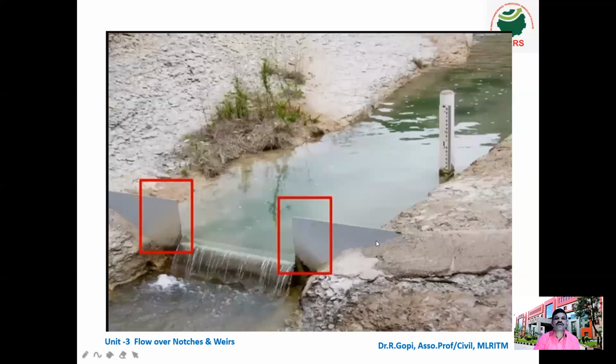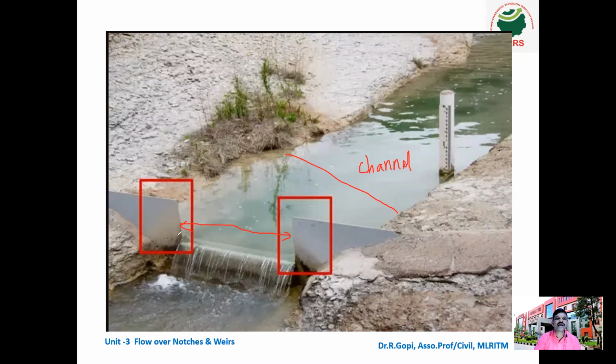The following picture shows the end contraction. You can see here this is the channel, and this is the channel width. But you can see this notch or weir, whatever may be the notch or weir width, the crest width is less than the channel width.